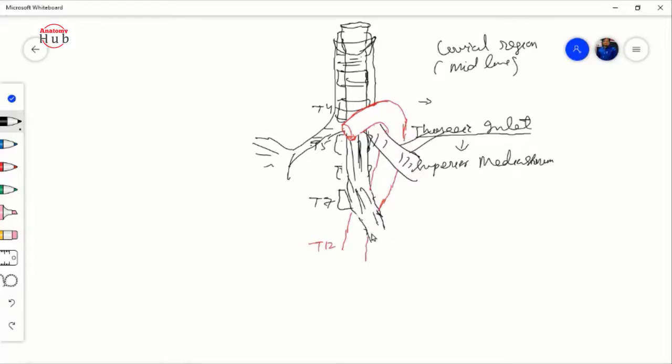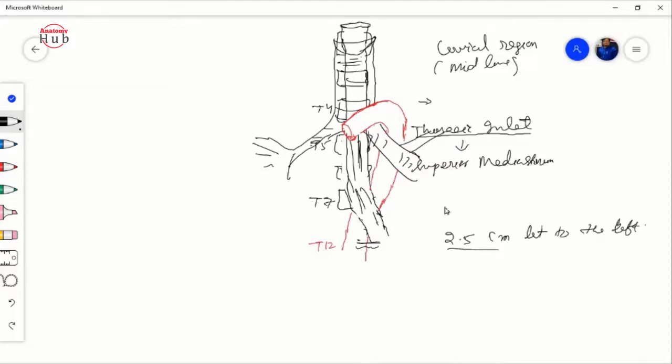Okay. Then this esophagus pierces the diaphragm. Just you can see, 2.5 cm lateral to the left. Means if this is the midline, from here to here, this length will be 2.5 cm left lateral, right?